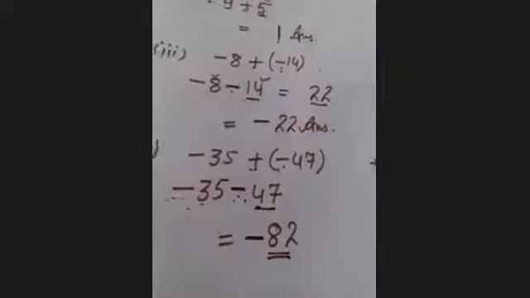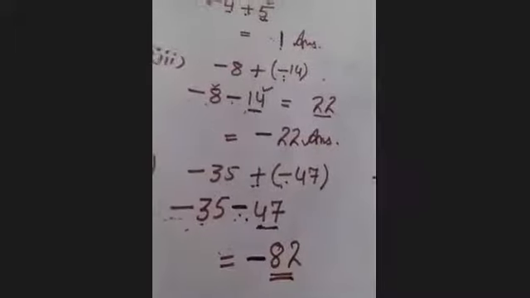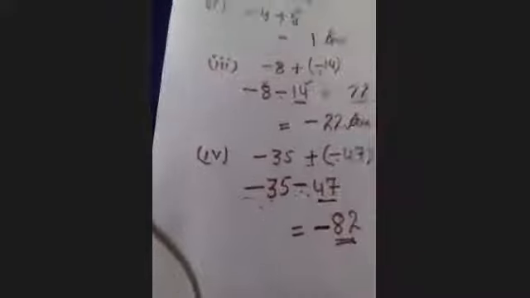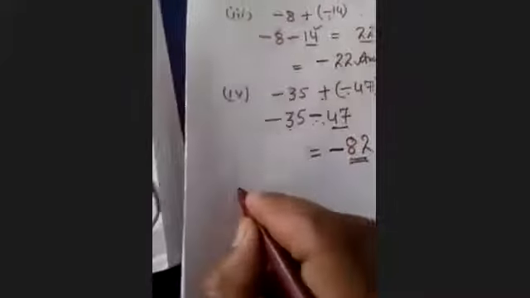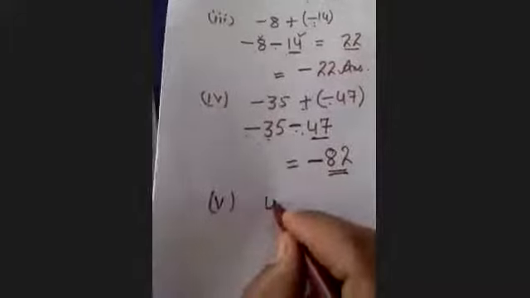Clear, students? Next, a few more examples. Evaluate. The fifth part is 4 minus -2.